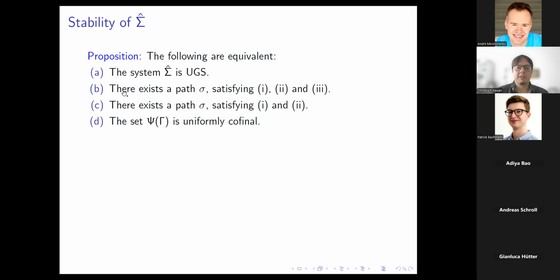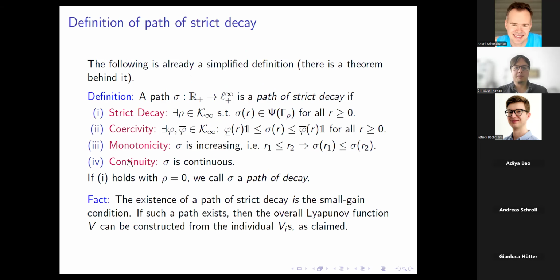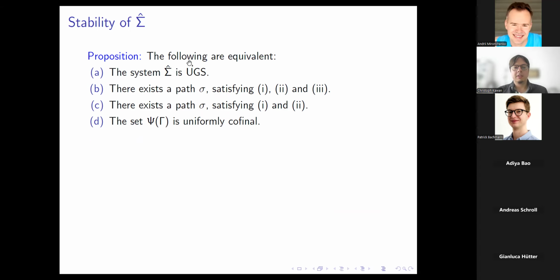It's equivalent to the existence of a path sigma in the cone, which already satisfies the first 3 properties of a path of decay. So it's not quite a path of decay. The only thing that's missing from the properties is the 4th one, which was continuity. But all the other properties hold: strict decay, coercivity, and monotonicity. So this is equivalent, which is already nice.